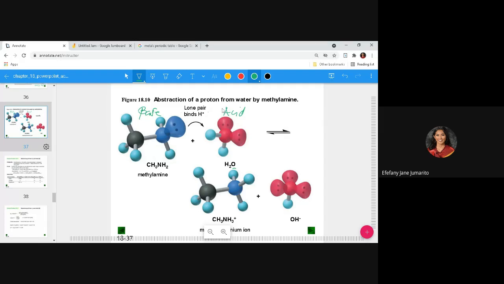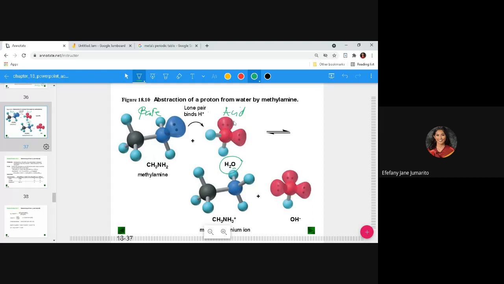One acts as an acid while one acts as a base. Earlier, water acted as a base. Now here, water acts as an acid. Why? Because water is very special. It is amphoteric. It can act as a base and it can act as an acid. So here it acts as an acid.